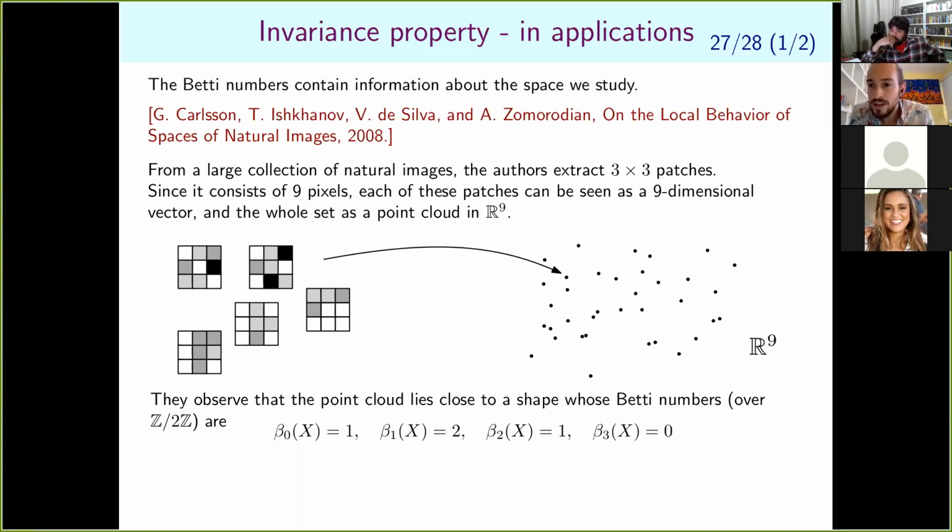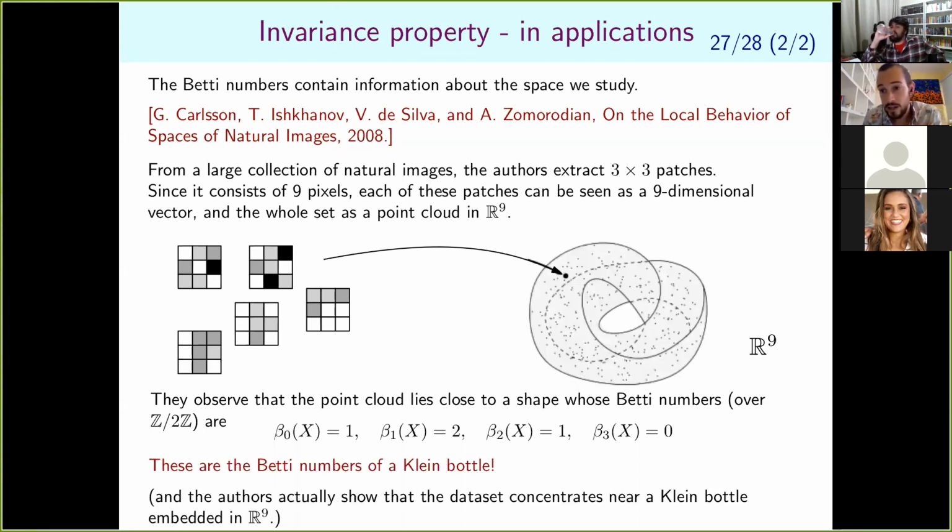You may think about the Betti numbers of the torus, but there exists another topological space that has the same Betti numbers, and this is the Klein bottle. And actually, they show that these points are close to a shape which is a Klein bottle. They are able to embed a Klein bottle in R^9 that will describe nicely the position of the points. And all of that started by looking at the Betti numbers and trying to deduce what could be the underlying topology.